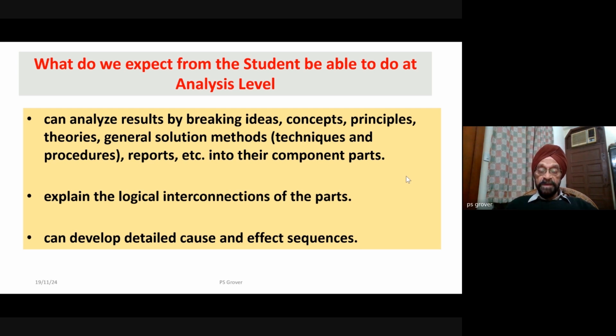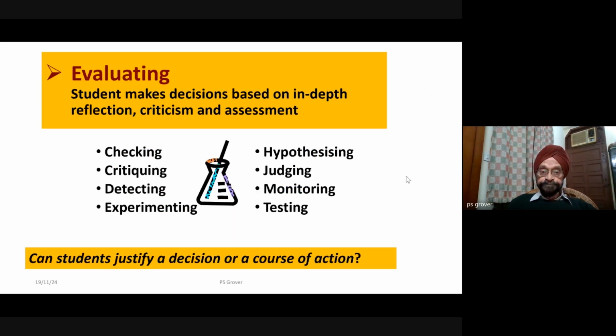He can explain the connection between various parts of a particular product, and can develop detailed cause and effect consequences. So this is his ability at the analysis level. Now please see here, to be a good analyst, a student should be good in recalling things and should be good in applying things. Only then can he be a good analyst.